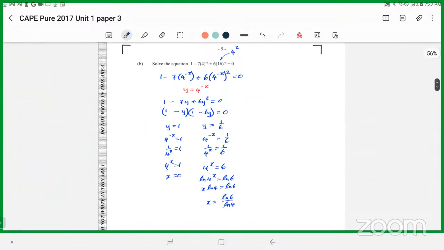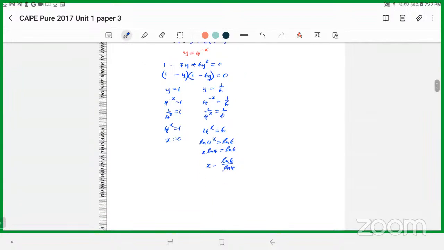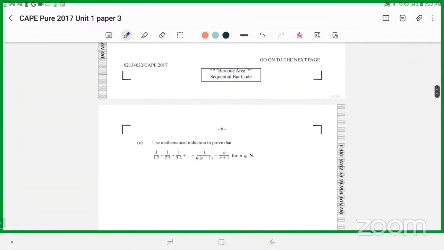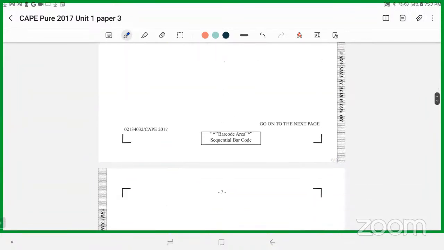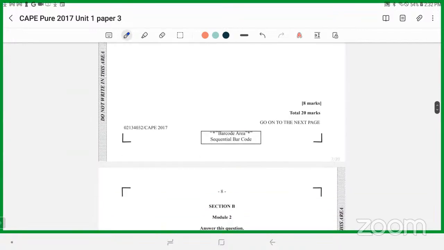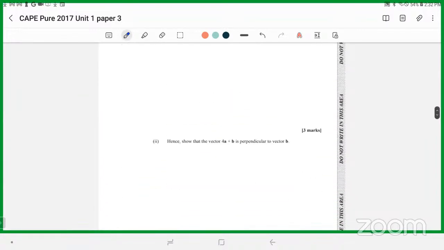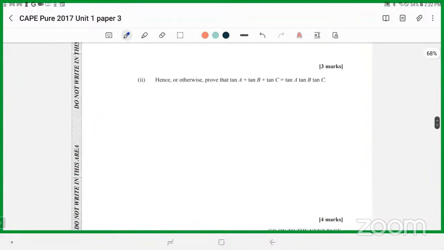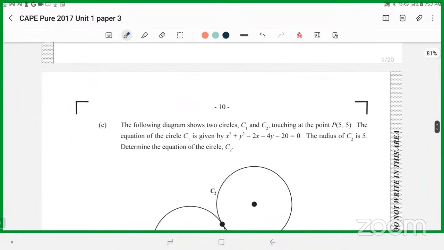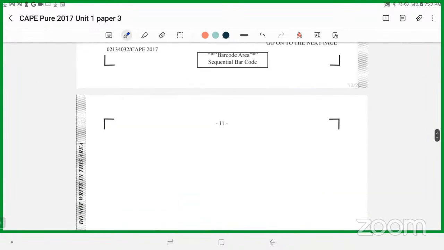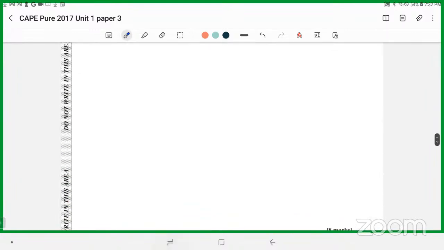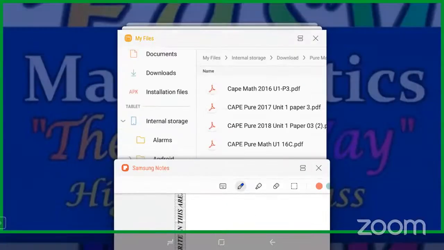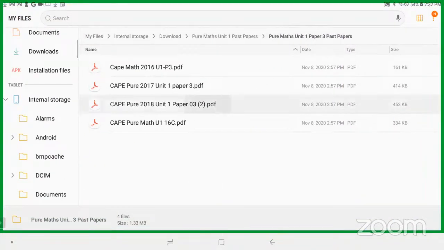Alright. Let's see if there are still logs there. That's a proof. Done. No logs. It's a paper 3, guys. You've got another one. Let's see if there's any on this 2018.